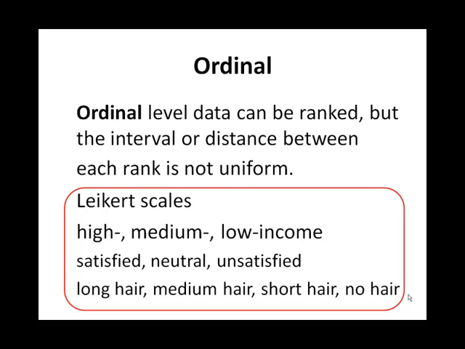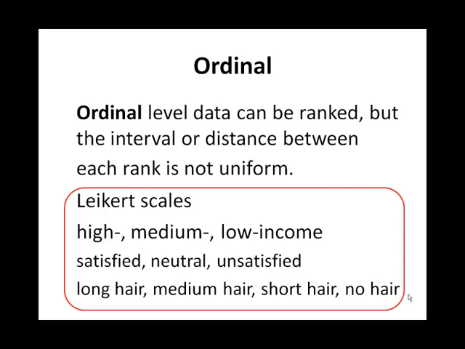We could rank hair. So does somebody have long hair? Does somebody have medium hair? Does somebody have short hair? Do they have no hair? It really depends on a lot of cultural factors. What one person could call medium hair and another could call long hair could get a bit messy.